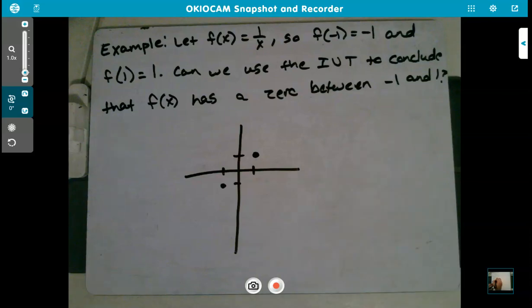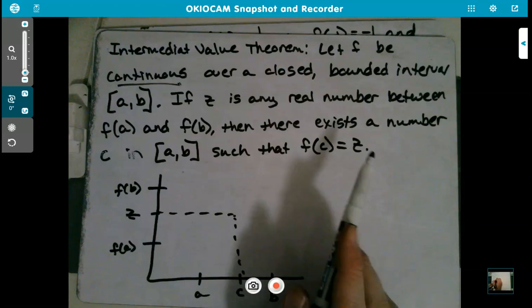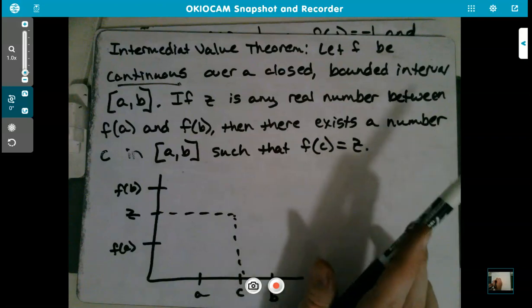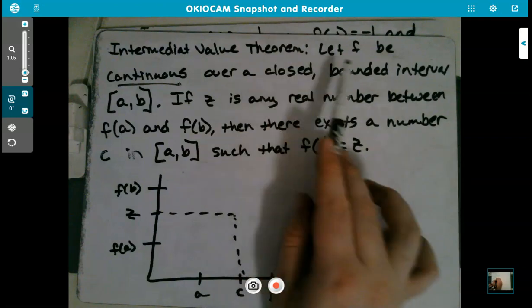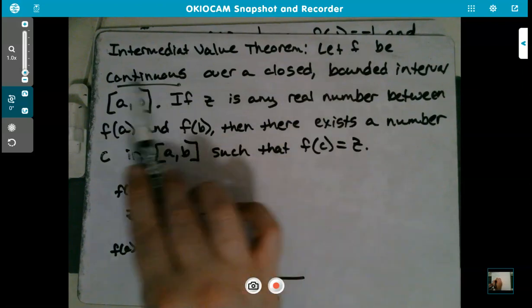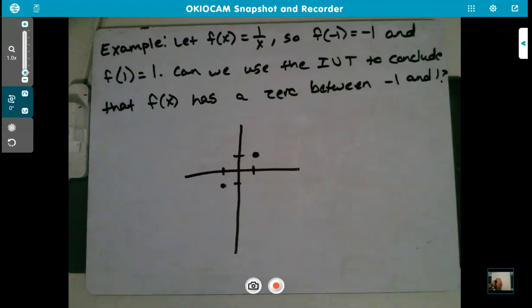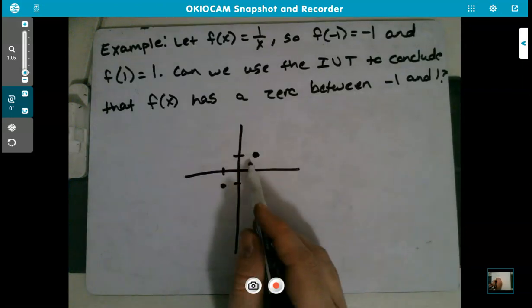So I read what the theorem says and see, okay, is that something I can say? Notice what the very first line here says: let f be continuous from a to b.